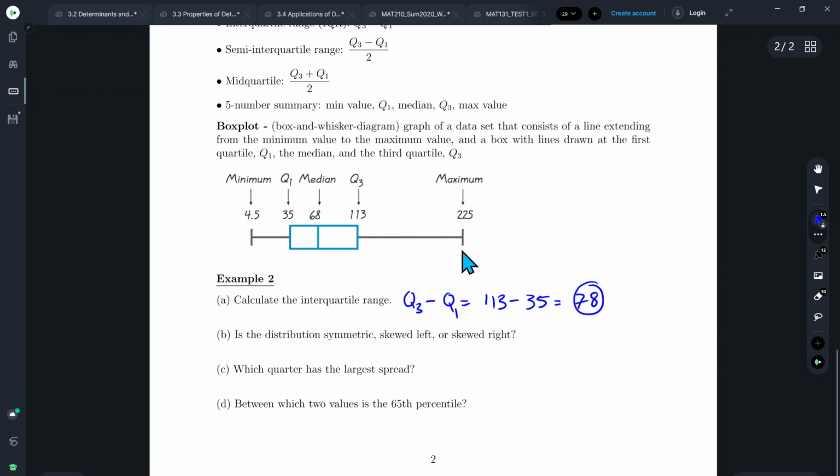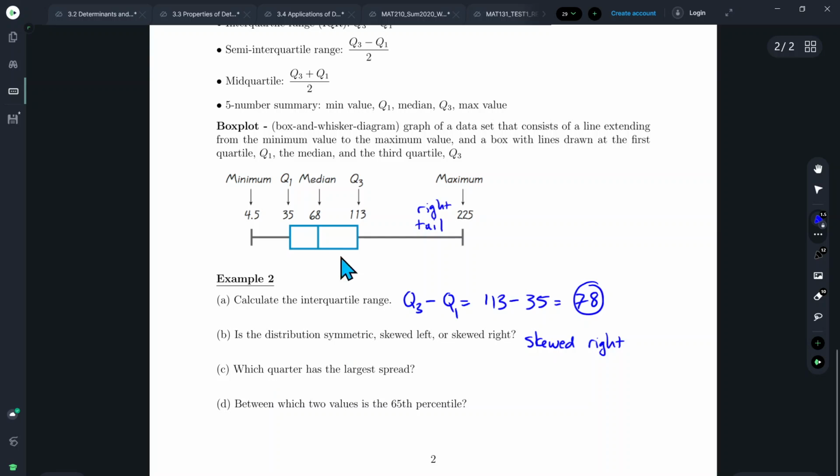So you can see this right side is much longer than the left side, so the tail of the distribution should be on the right side. So we say that it's skewed right. Again, this would be considered a right tail on the distribution.